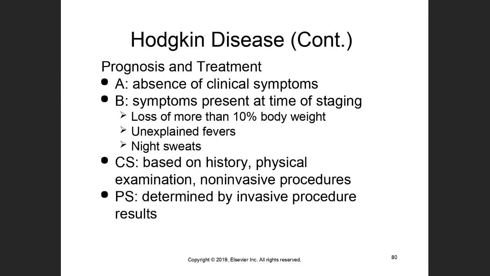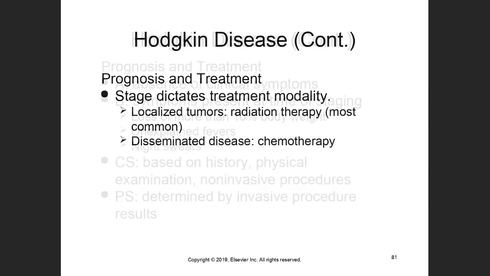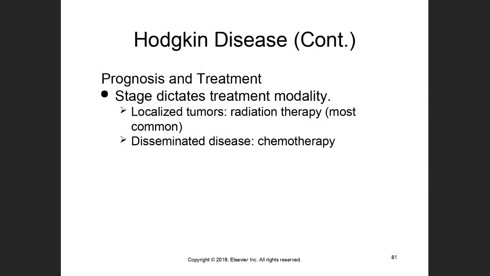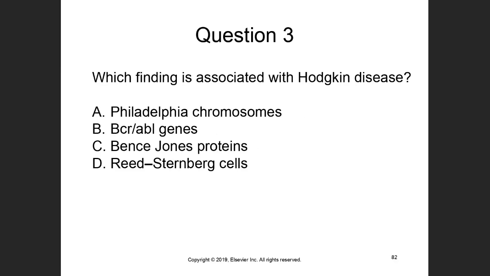C, S, based on history. And P, S, determined by invasive procedures result. Prognosis: staging dictates treatment modality. Basically, it is not only for this one, but for all types of tumor. You have the stages, and according to the stage is the prognosis of the patient.